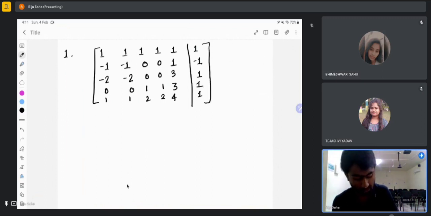This is something which is known as the augmented matrix.